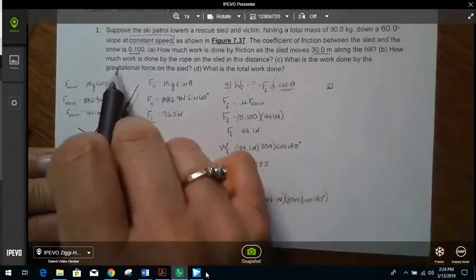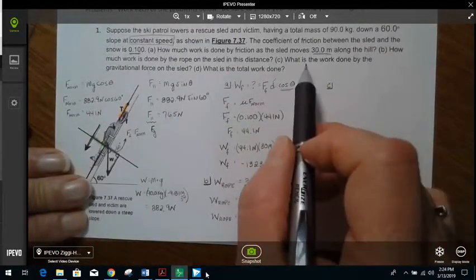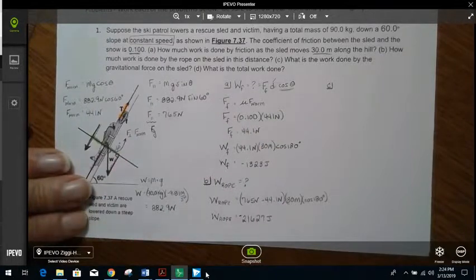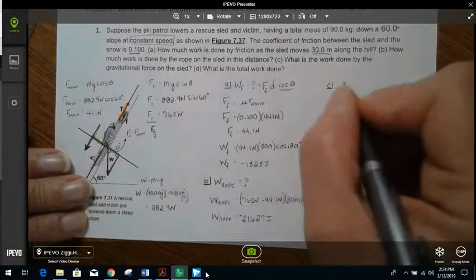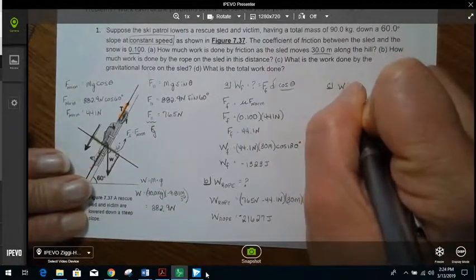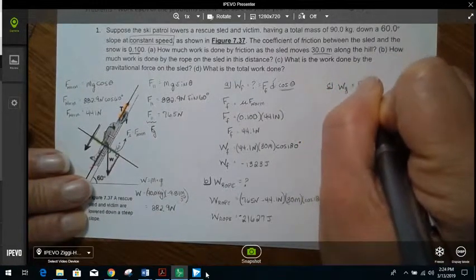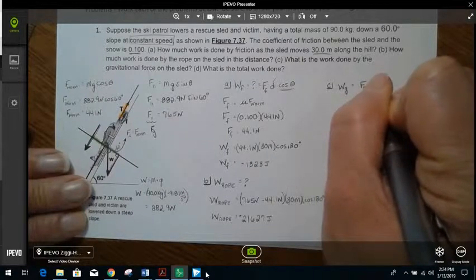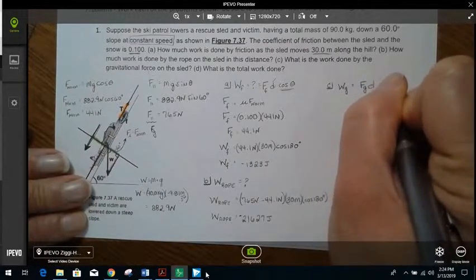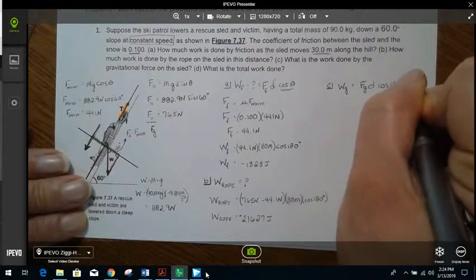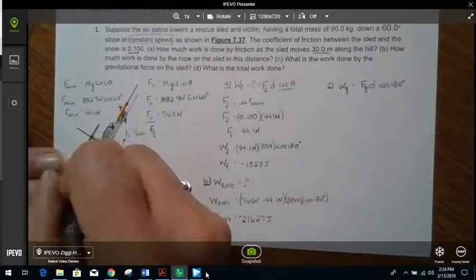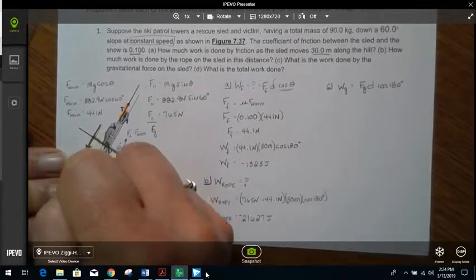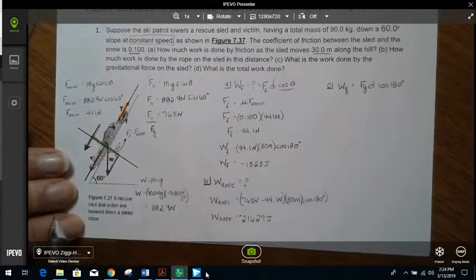C says, what is the work done by the gravitational force? Well, we already know the gravitational force is 765 newtons, so simply the work done by gravity is the force of gravity times the displacement times the cosine of the angle. But gravity is this force right here, acting in the downward direction, the component of the weight.